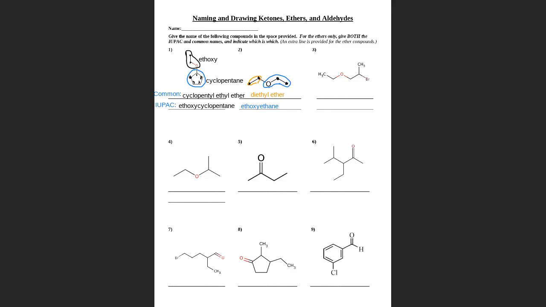Okay, let's do 3. Let's start with number 3 by doing the IUPAC name for this one. So here's the deal. Which side has more carbons? Which is the longer chain? On the right side?